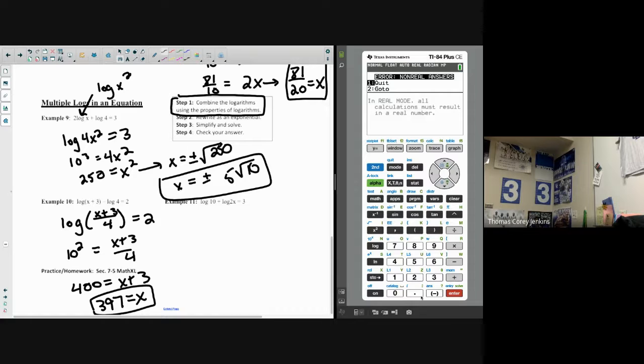You can't do the log of a negative. So think about why that might be. Why can't we do the log of a negative? All right. So just to correct this answer, we'll say negative 5 square roots of 10 is, remember we call that extraneous. So my actual final answer is 5 square roots of 10.